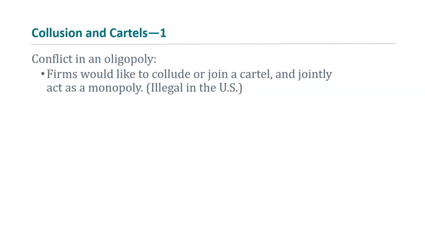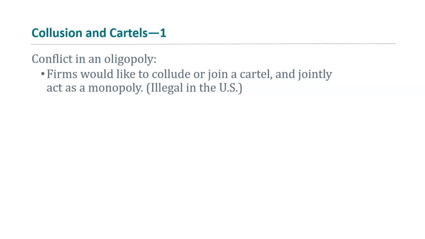For the president of Coke to get together with the presidents of Pepsi and Dr Pepper Snapple and to make some decisions together in order to really control their market. They would like to, in other words, collude or join what's called a cartel to jointly act as a monopoly.